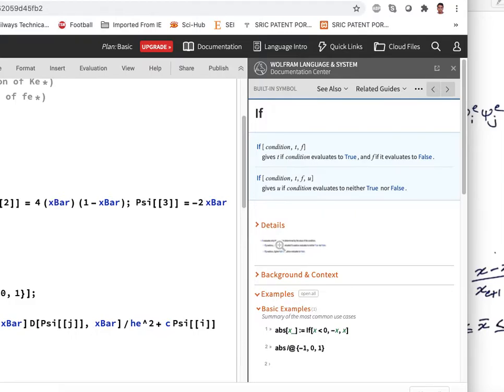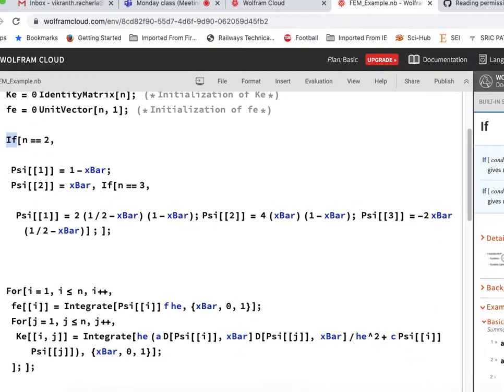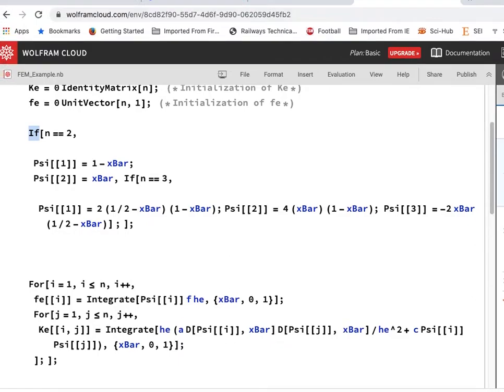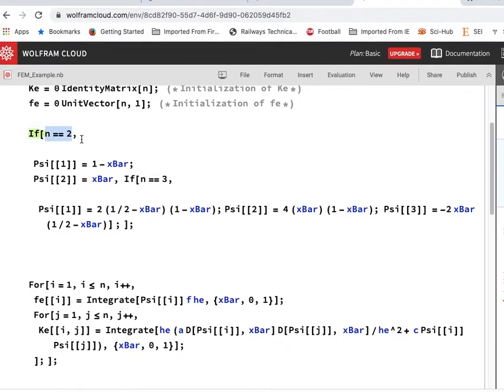So what I am saying is that if this condition is met, then do this. If it is not met, then do this. Now if it is not met, then it could be n equals 3, n equals 4, anything, right? So again I am saying, fine, if n is not equal to 2, you check whether n equals 3.